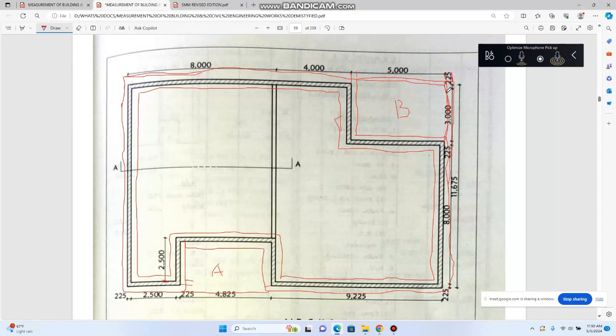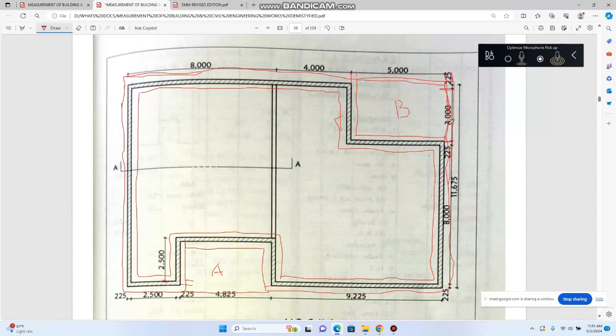Will be 275 and 275. Okay, let's see if you're correct. From here up to here, it's 3,000. Then we already have some spread here.